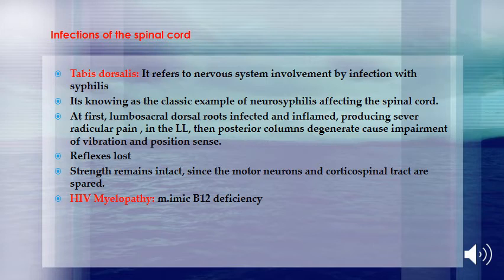The third infectious disease of the spinal cord is HIV myelopathy, which causes myelitis of the spinal cord. It mimics B12 deficiency, superimposed with multiple other brain, brainstem, or peripheral nervous system signs and symptoms, like peripheral polyneuropathy, encephalitis, and so on.